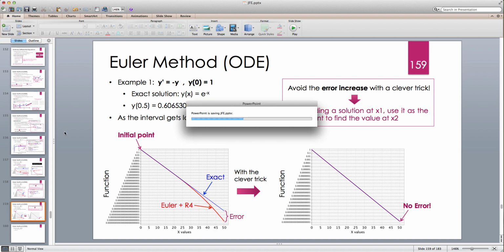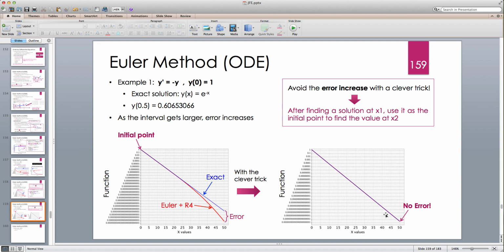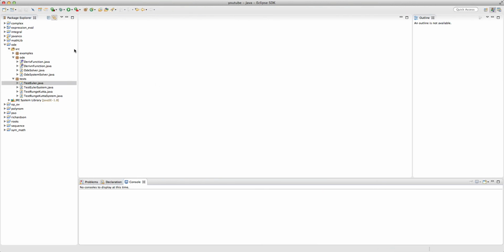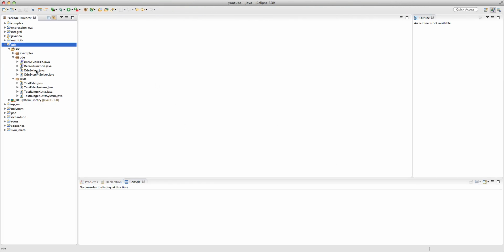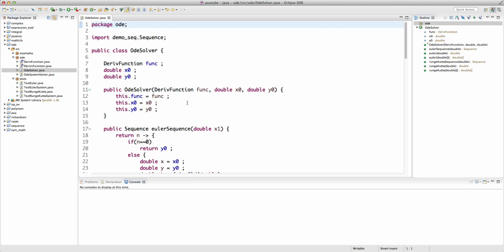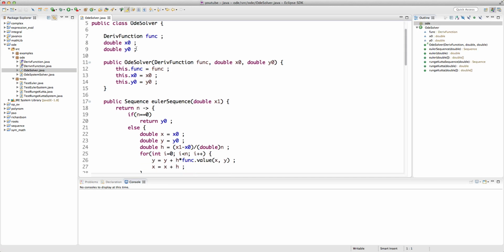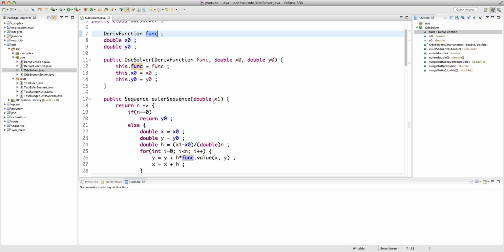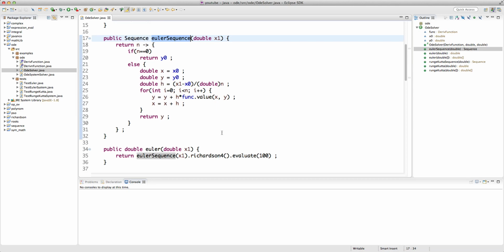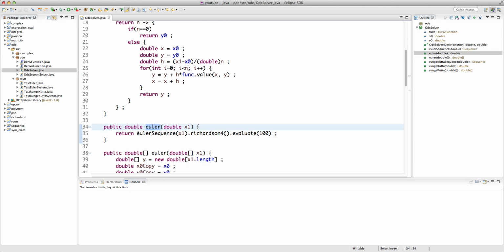To see this more clearly in the code, I'm going to go back to Eclipse. In my ODE project, we discussed that we had this ODE solver class that gets the initial condition x0, y0 and the y prime function, and then creates the Euler sequence. In the Euler method, we calculate the Euler sequence for a given point, apply fourth order Richardson, and evaluate it at 100.